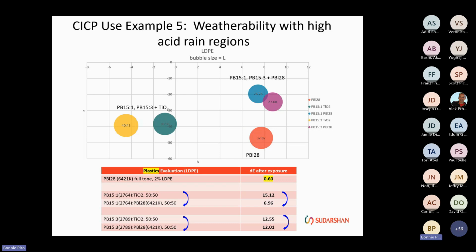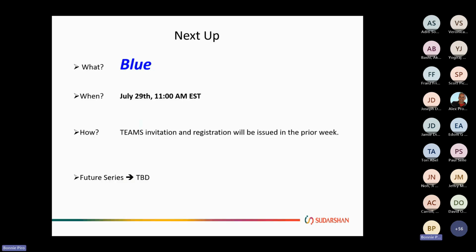The crystals are further apart in the 15-3 space, so the edges of those crystals are more exposed to the acid rain than in the 15-1, which are almost on top of each other. So there's less exposure to the acid rain situation. And that's it.